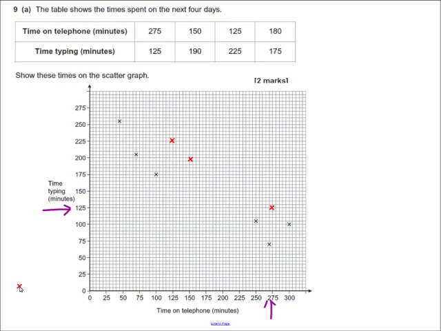And then the final point, you plot 180 on the telephone, and go up to 180 on typing, so roughly there. So they're the 4 points, very roughly, that they want us to plot on our scatter graph. So we're adding to the data to see if there's a relationship.